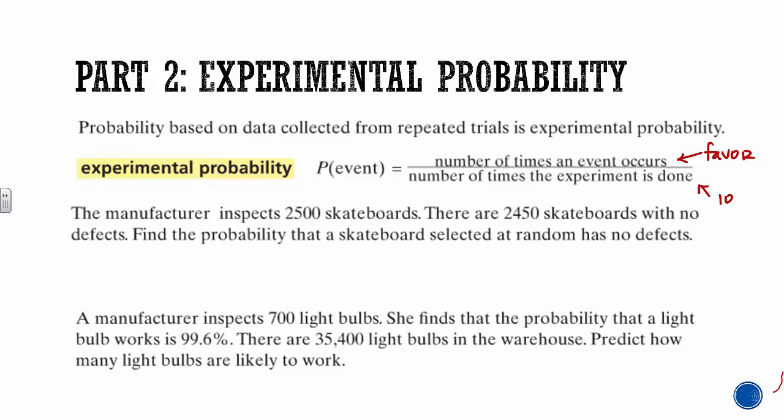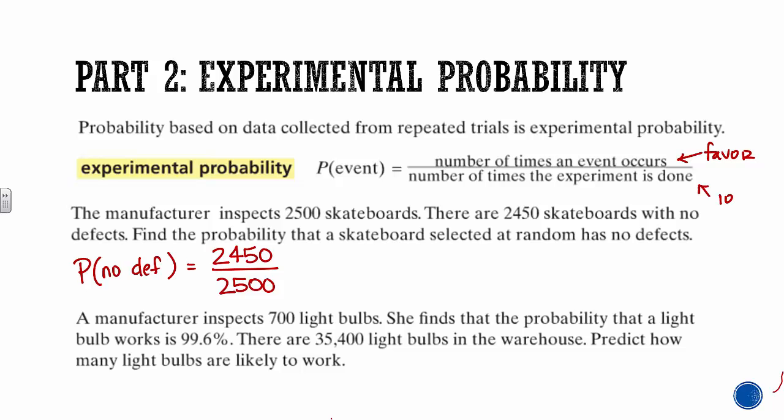The manufacturer inspects 2,500 skateboards. There are 2,450 skateboards with no defects. Find the probability that a skateboard selected at random has no defects. The probability of no defects is the number of times we found no defects divided by the total number of skateboards that we have.